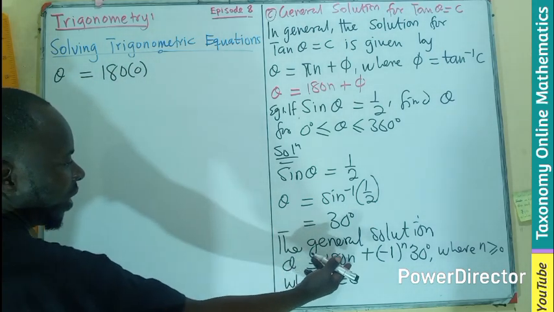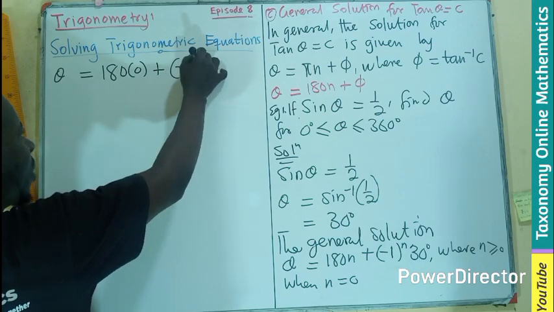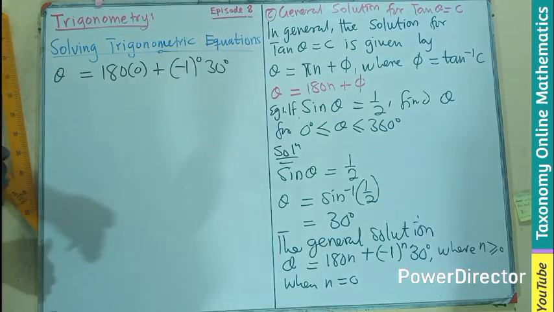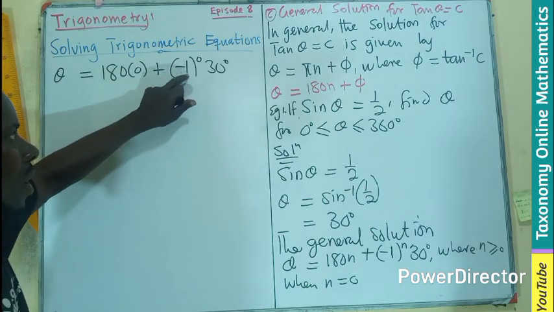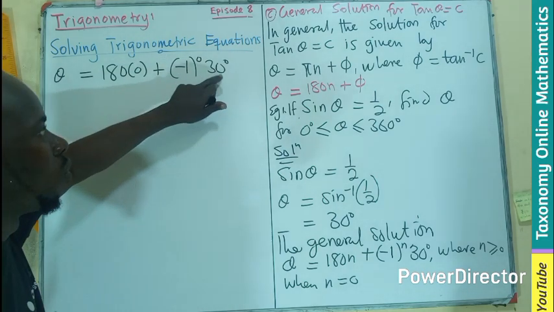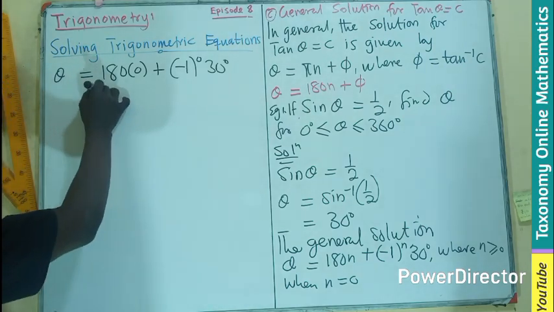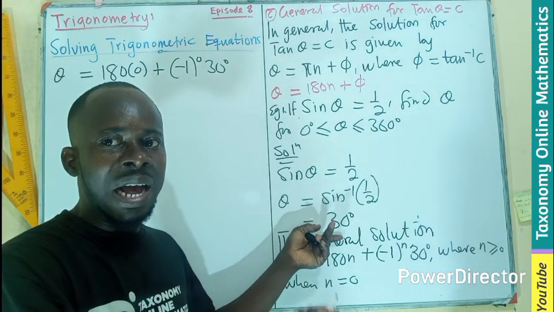Don't forget, this is the n we have here and the n we have there. Remember, 0 times this will give you 0. Any number raised to the power 0, regardless of the positive or negative sign, gives you 1. So 1 times that will give you the 30 degrees. So the principal angle we had is the first angle.